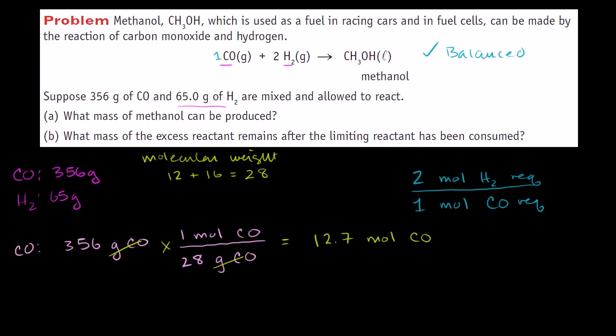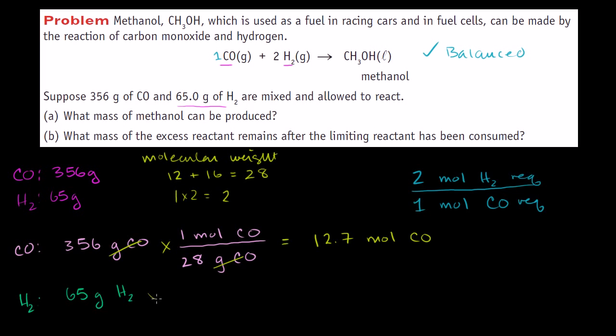Now let's do the same thing for the hydrogen. We have 65 grams of molecular hydrogen. What's the molecular weight of hydrogen? Each hydrogen atom has a molecular weight of 1, times 2, which is equal to 2. So we have 65 grams of molecular hydrogen, and the same way, we want to write it in moles.